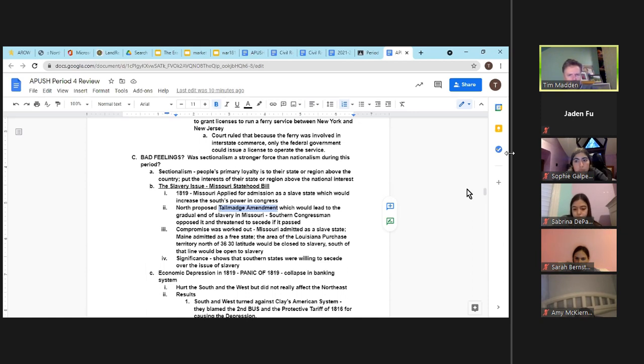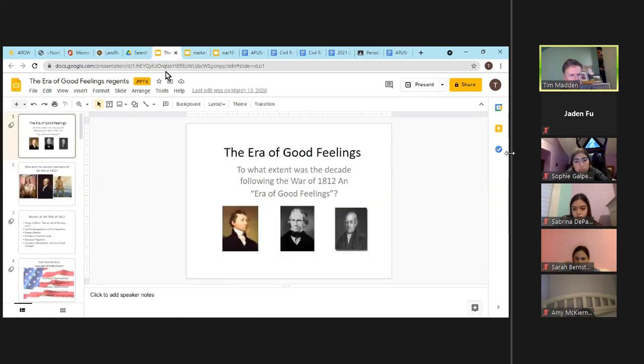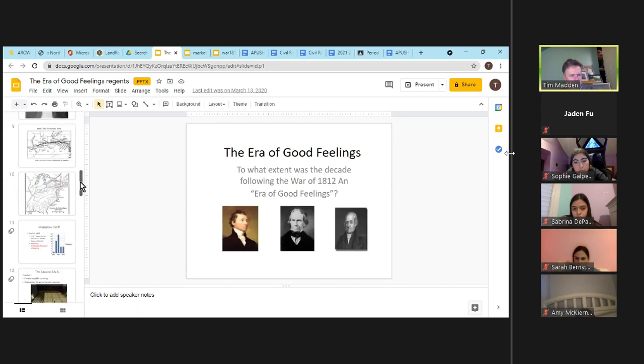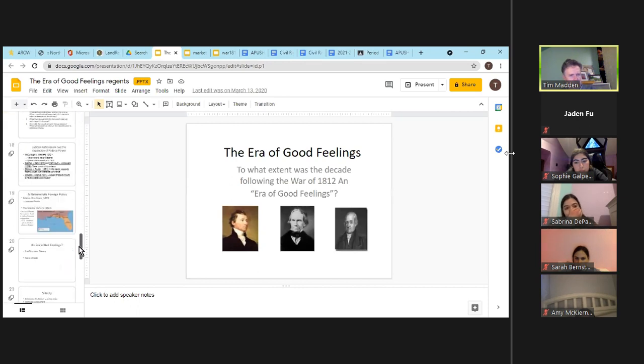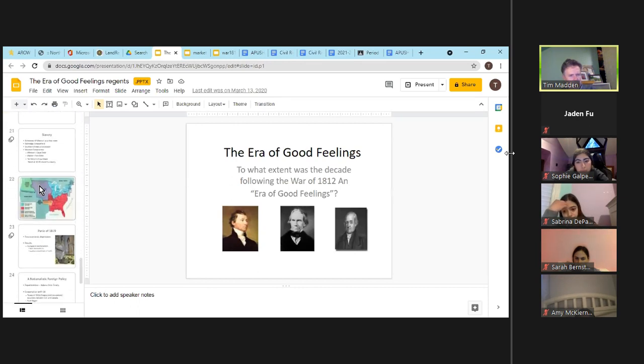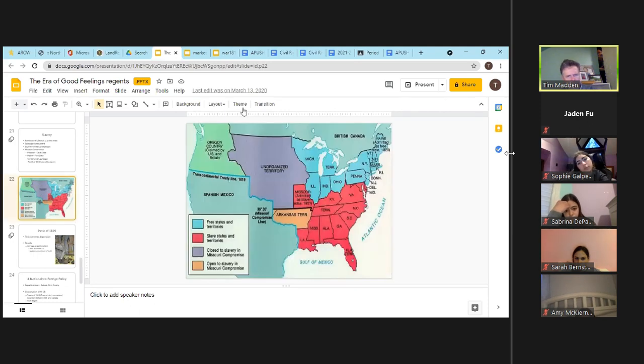So let me just show you the map. The Missouri Compromise can be used in a lot of different ways, certainly as a cause of the Civil War, or in something on the Era of Good Feelings, how territorial expansion becomes a divisive issue, right?